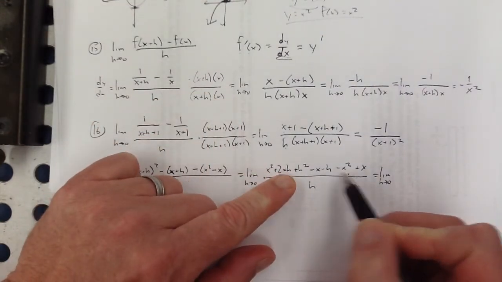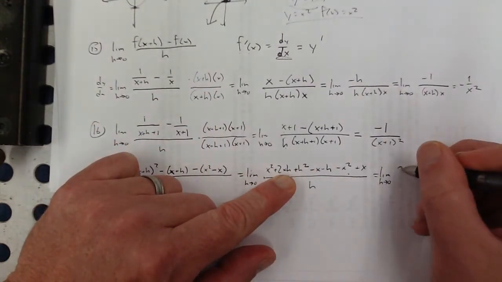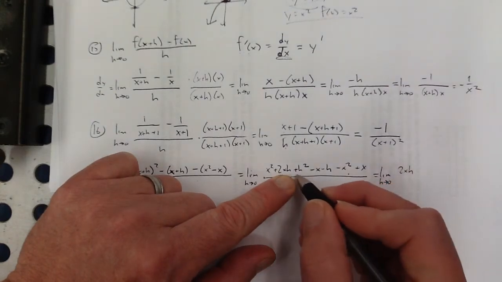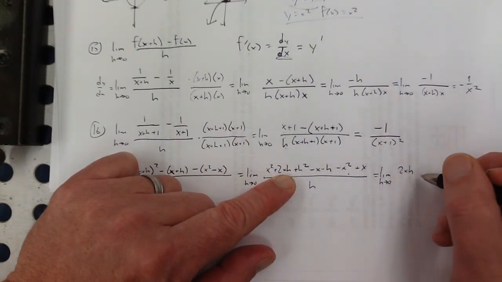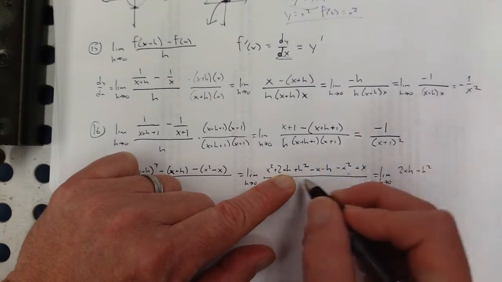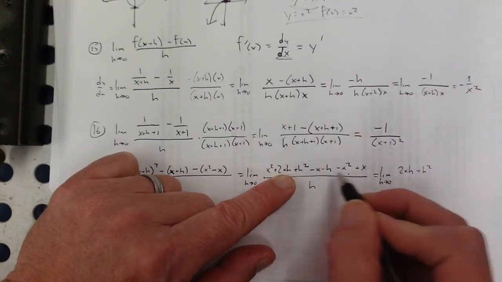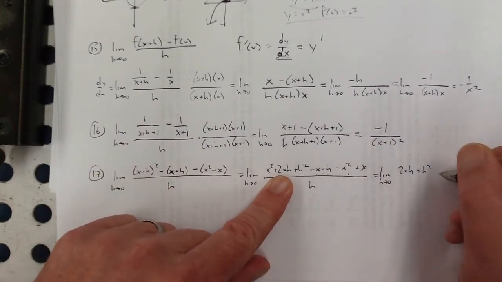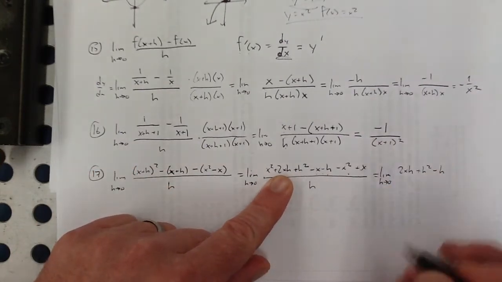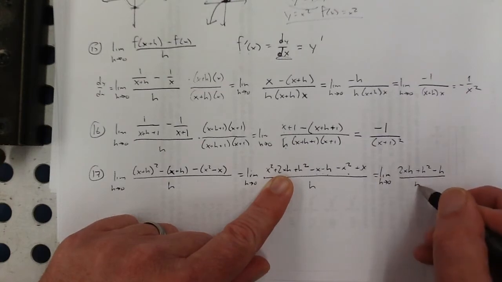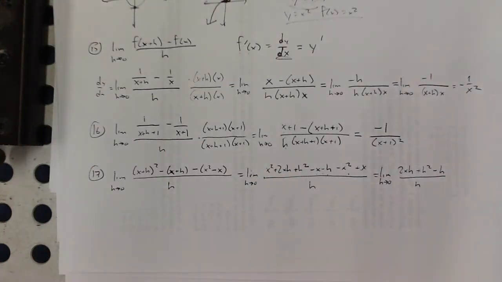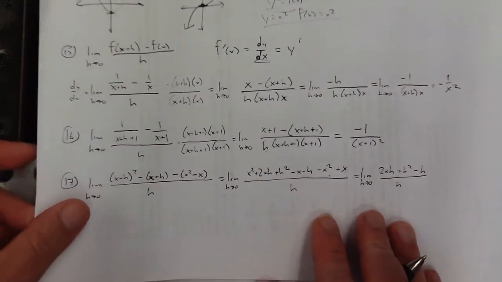Plus 2xh. That does not cancel. Plus h squared. That does not cancel. Minus x plus x, that cancels. Minus h, that does not cancel. All right, that is super important, obviously, that you don't mess that up.